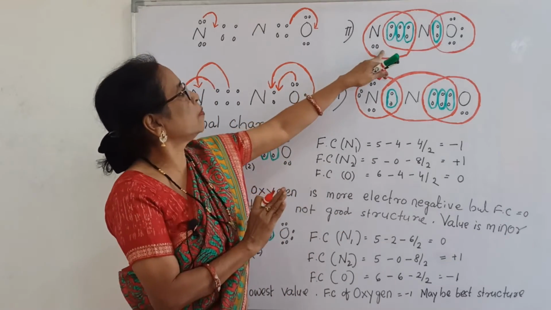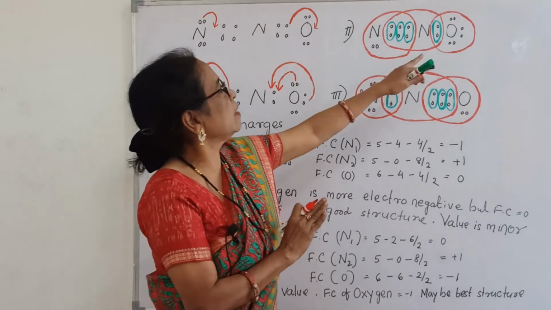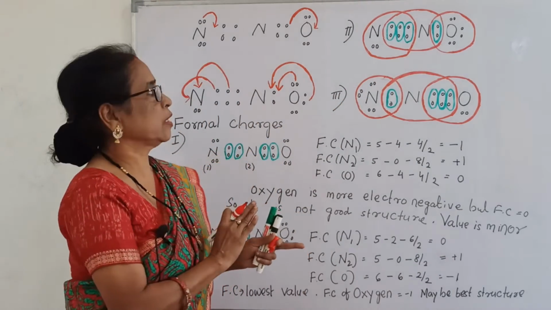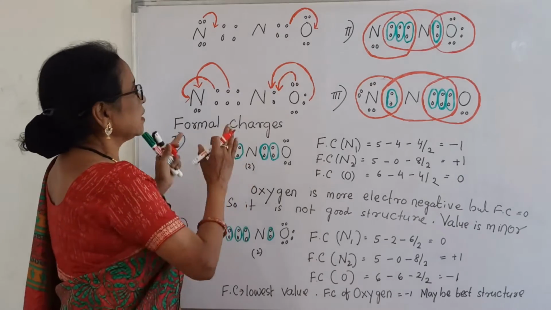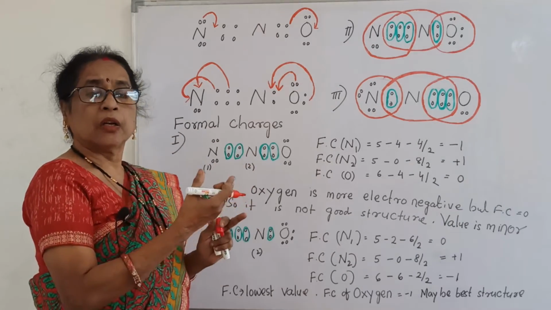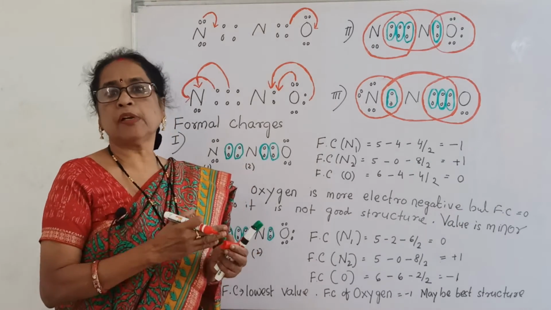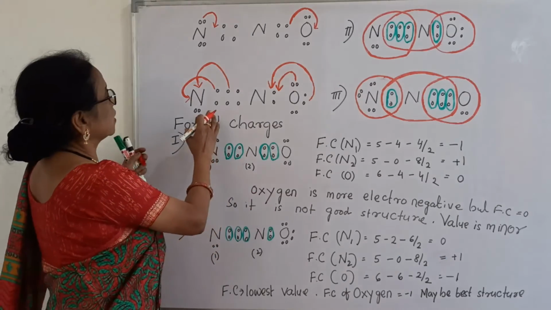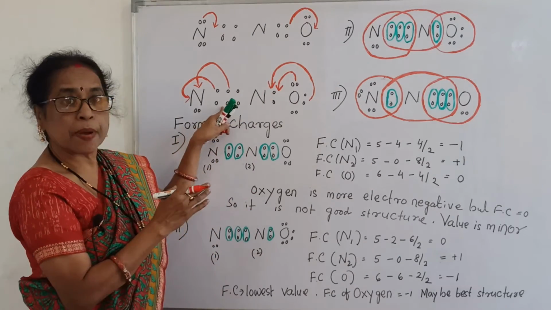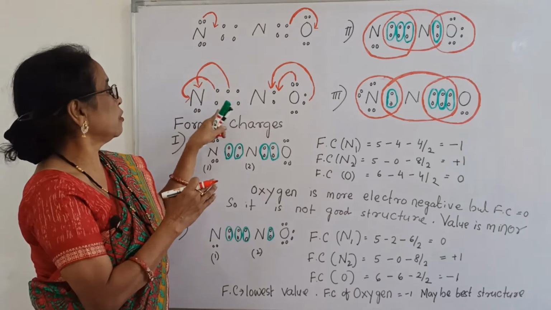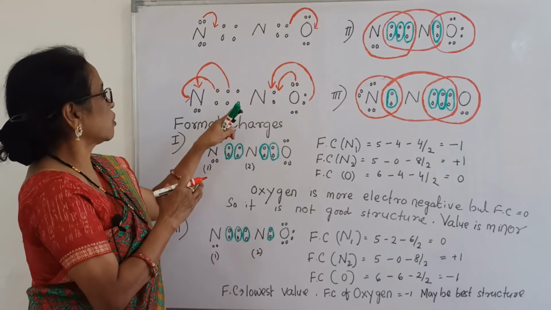Again see, whether another Lewis structure is possible or not. Since there are 3 pairs of bonding electrons, this is your second Lewis structure.